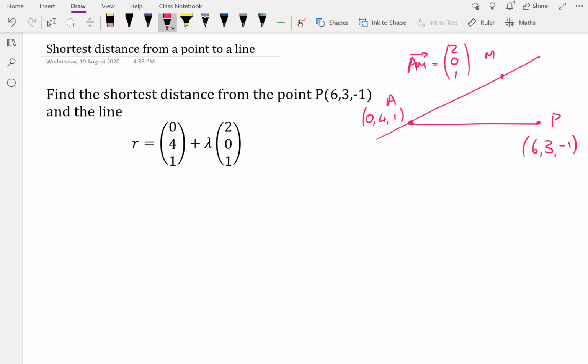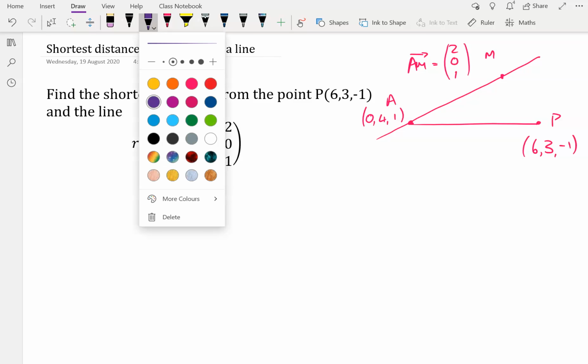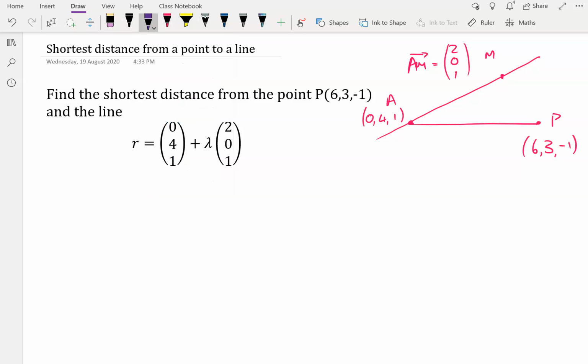and I can now work out some displacement vectors. So, what do I know? Well, I know that I've got a displacement vector AM, that is the vector (2, 0, 1). I also have a displacement vector AP, and that's going to be 6 minus 0, 3 minus 4, and minus 1 minus 1.